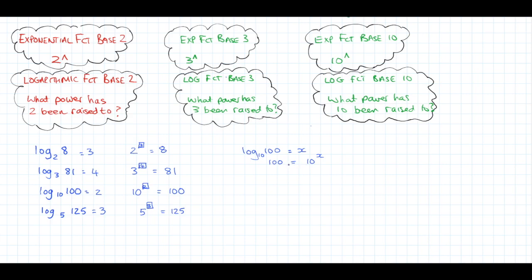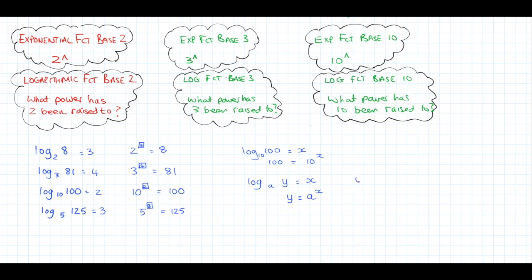Now, let's see if we can go the other way. If we had log y to base a is equal to x, that's it written in logarithmic form. If I wanted to write that in exponential form, then it would be, what power has a been raised to? y equals a to the power of x. So given it in logarithmic form, you have to be able to write it in exponential form.